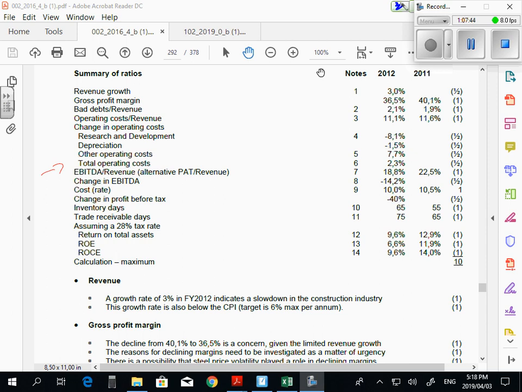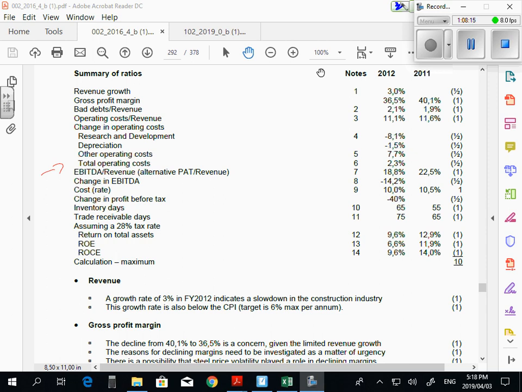Next one, guys. Operating costs as a percentage of revenue, 11.1 and 11.6. What would you do? And also other operating costs up by 7.7%. Now, guys, operating costs as a percentage of revenue, can I just explain something to you?